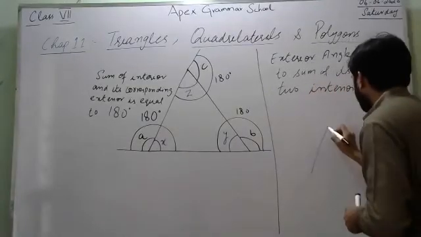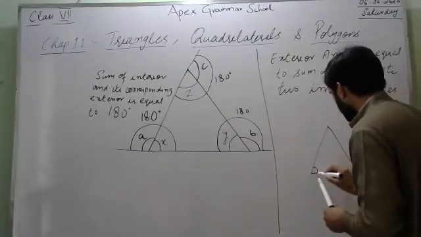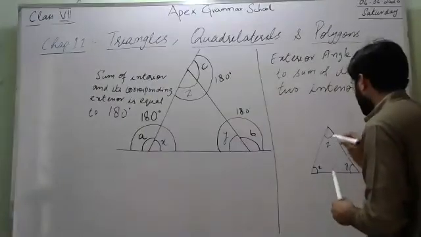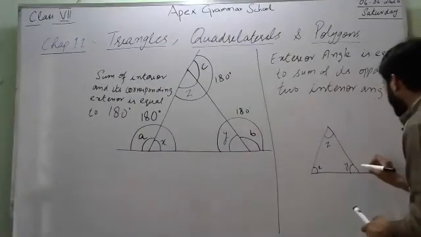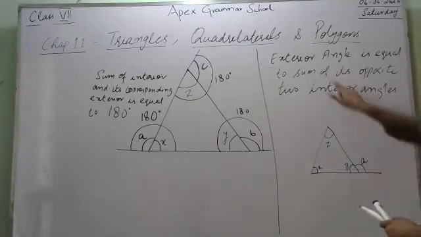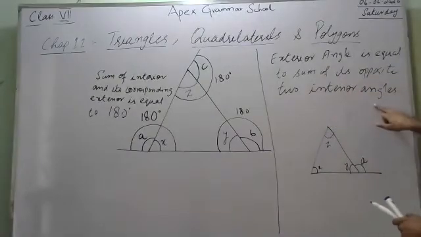This means for Y, its exterior angle is A. The exterior angle is equal to the sum of its opposite two interior angles.